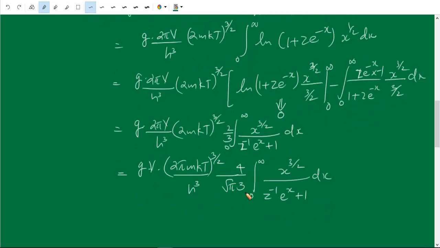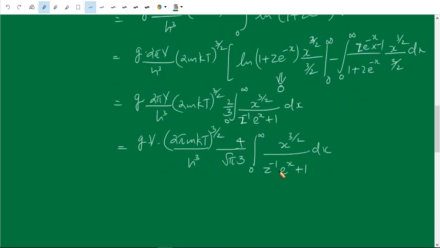So this integral, we know, the similar type of integral we have seen in the case of the Bose-Einstein case, and here the only difference is that the minus 1 became plus 1. So this function we can write, h by root 2 pi m k t is the thermal de Broglie wavelength, therefore I can write g V divided by lambda cube.